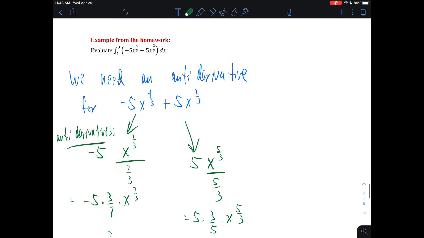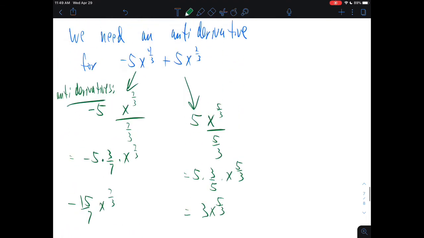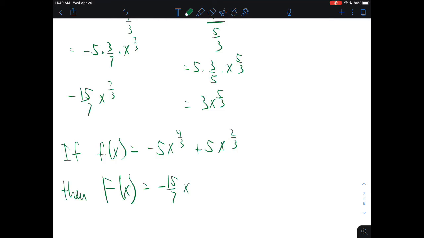So for an antiderivative of this function, we can organize a little bit of the notation like this. If f(x) was equal to the original function, -5x^(4/3) + 5x^(2/3), then the antiderivative, capital F(x), is negative 15/7 x^(7/3) plus 3x^(5/3).